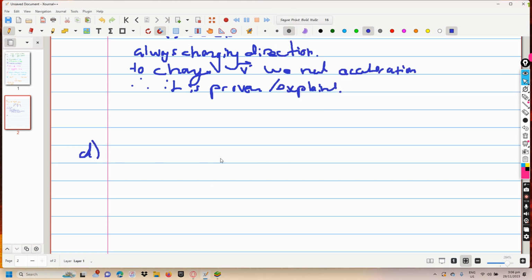D, so suddenly they run into a slippery part, which is going to cause them to... Okay, they run into a slippery patch of mud.